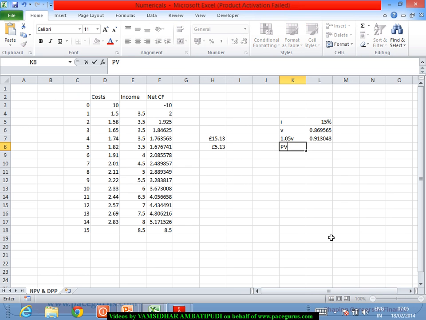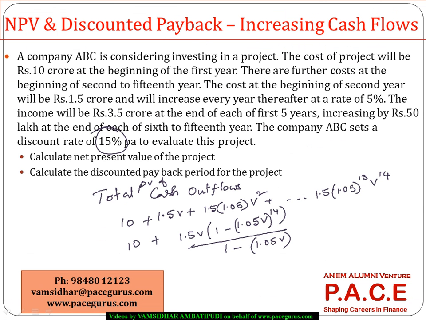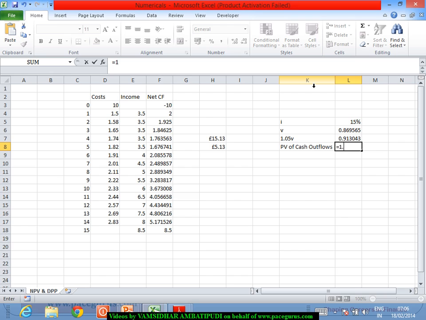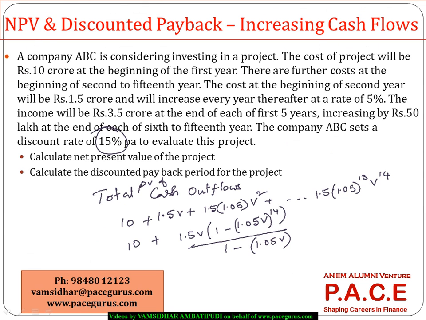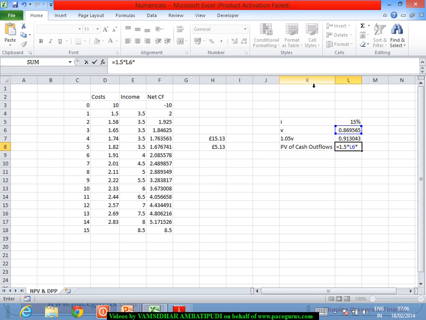So I will find out PV of cash outflows, right? The PV of cash outflows will become a small calculation, 1.5 times V times 1 minus 1.05 V to the power 14. 1 minus 1.05 V is this much.